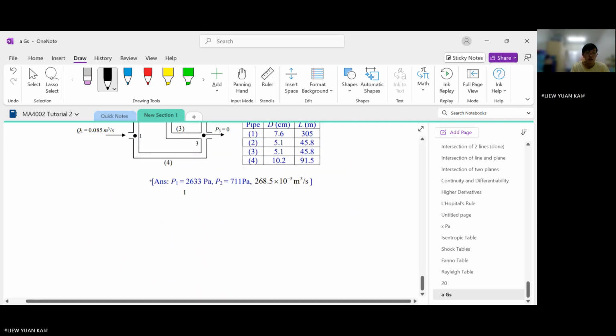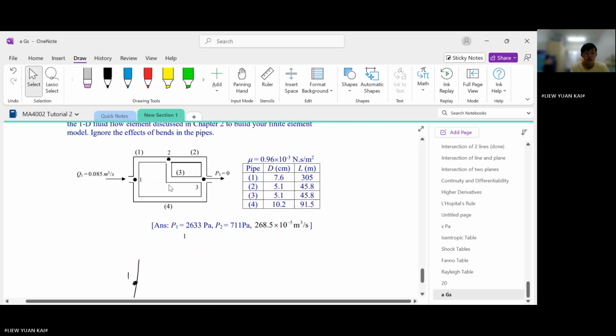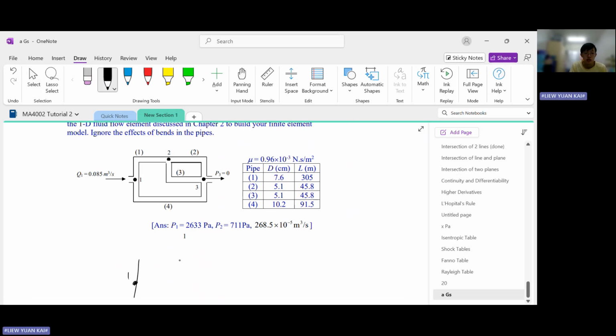So, let's make 1 into a vertical line like that. Node 1 connects to node 2. Node 2 connects to node 3.